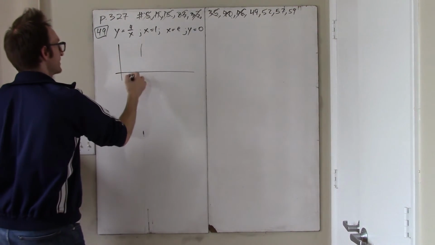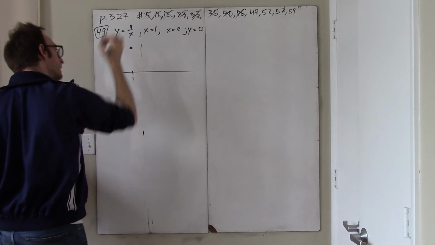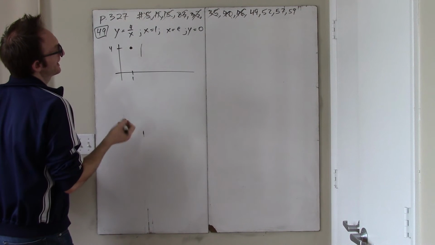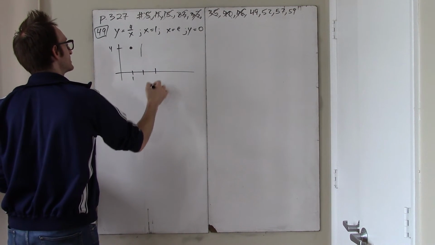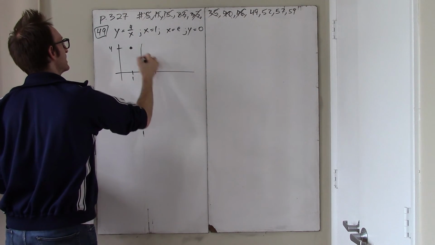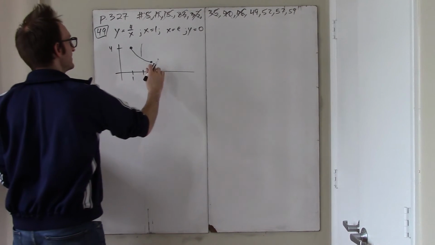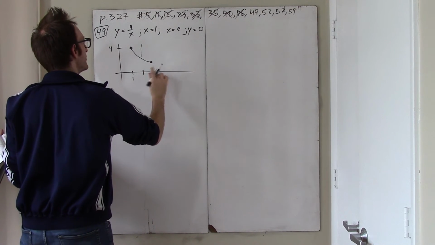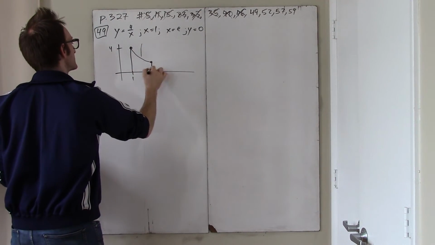When I plug in 1 here, I'm going to get 4, and when I plug in e, I get 4 over e, so whatever that is. But the 4 over x function looks like that, and I'm going simply from 1 to e. And so the region being described is this one.